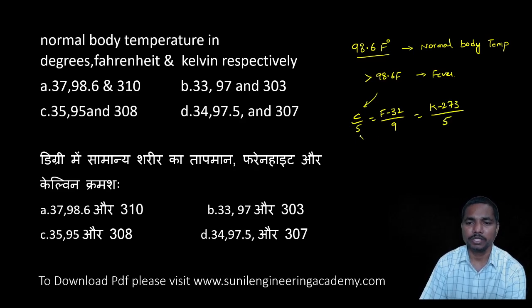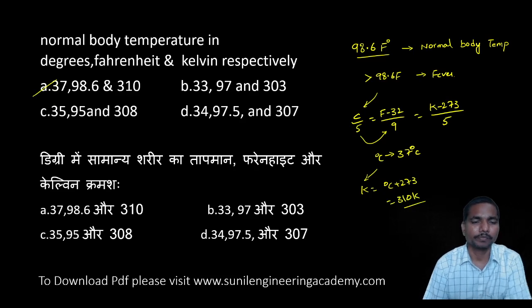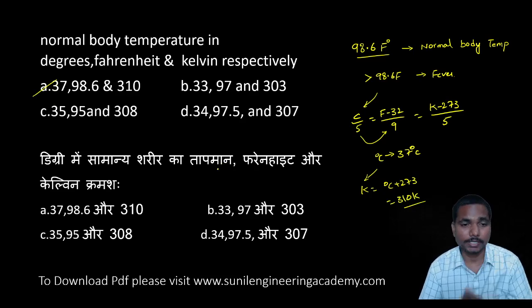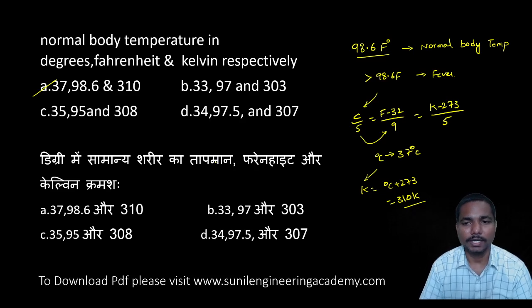From these we can get degree Celsius as 37. And if you know degree Celsius, Kelvin is very easy: degree Celsius plus 273, that is 310 Kelvin. So the answer is option A. So 98.6, 37 and 310.